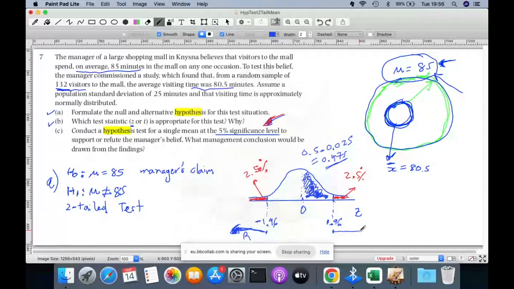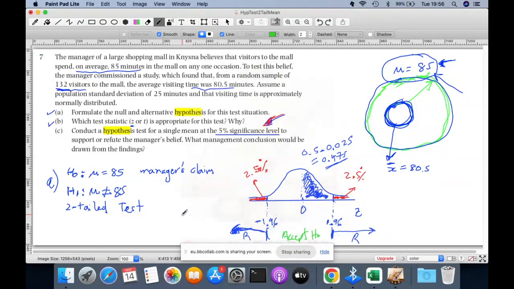Anything on the right of this where the area is red, we're going to reject H naught, but anything in between, anything from here to here, we accept H naught. So I'm going to write that in a different color. I'll write it here. We're going to accept H naught here. We accept H naught. Otherwise we reject H naught.